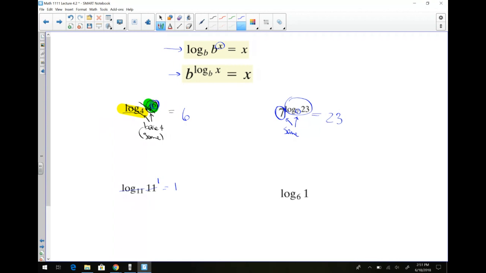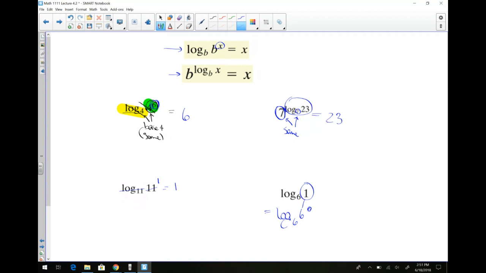This is the trickiest of them all because we're thinking, oh, how do we write 1 as a base 6? Well, log base 6, and then I can rewrite this as 6 to the 0. That's where it gets really tricky. Anytime they give you the log of the number 1, it means that it's simply 0.